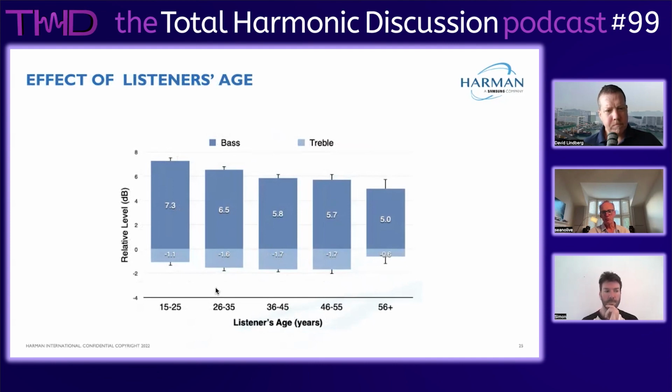As the age went up, people preferred less bass, and about the same amount of treble until we get to about 55, 56, and then they're turning down the bass 2 dB and cranking up the treble another 2 dB. So we don't know for sure if this is hearing loss related, but that would be a good guess.